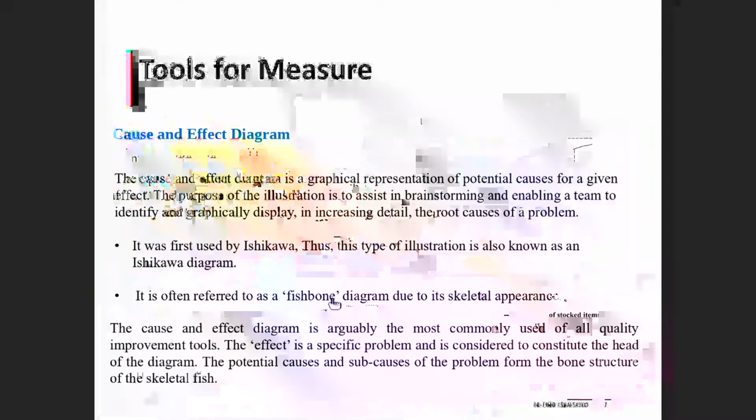But the cause and effect diagram shows you how many causes you have, how they are interrelated to each other. Sometimes you have sub-causes under the major cause for the same effect.